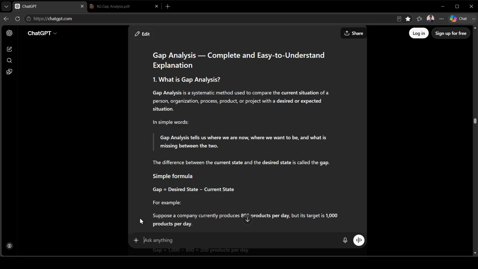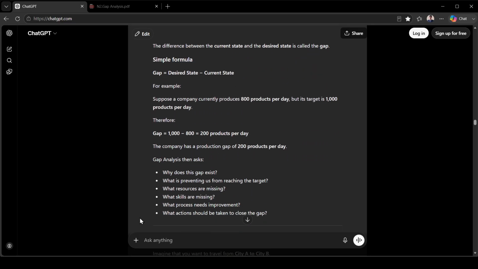The difference between the current state and the desired state is called the gap. In a simple formula, gap equals desired state minus current state.